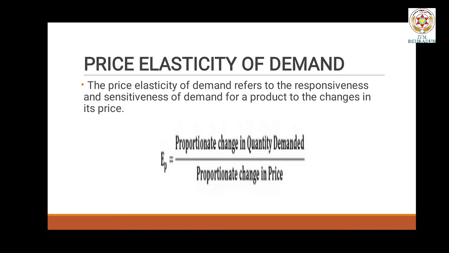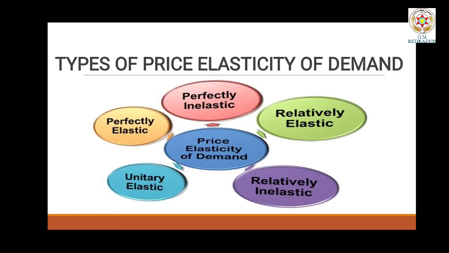The price elasticity of demand refers to the responsiveness of demand for a product to changes in its price. This can be measured by the proportionate change in quantity demanded due to the proportionate change in price.